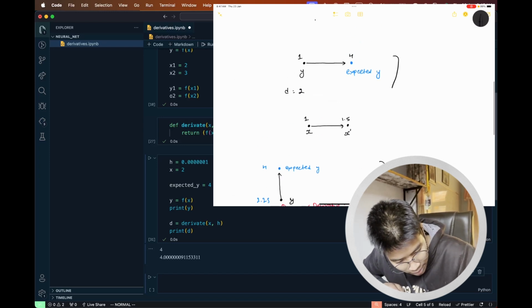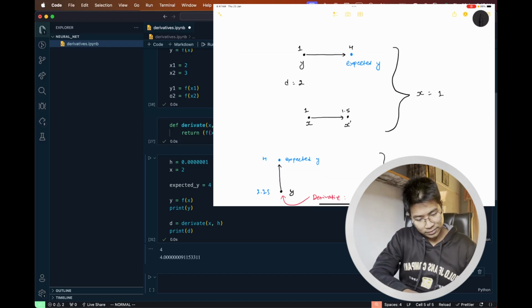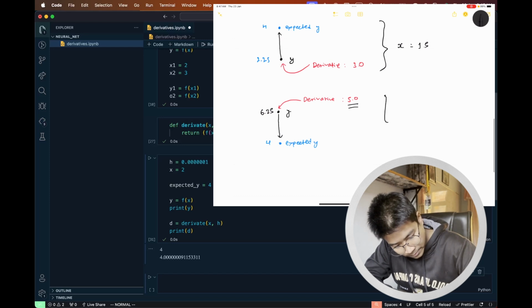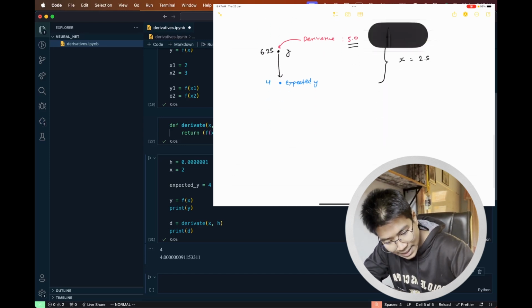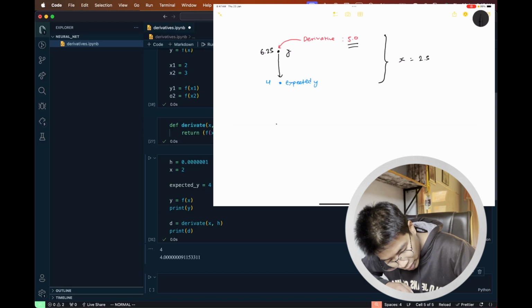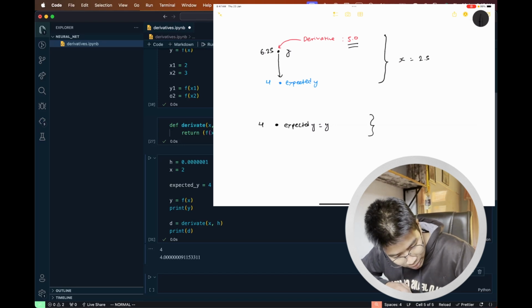This thing came out when we took our x value to be a 1, and that x value being a 1 was very random, right? And over here we took our x value to be 2.5, and so we now need to decrease that. When we decrease that x value, here is what we got. Our y value became the expected y value, which came out to be a 4. So this happened when our x value is 2.